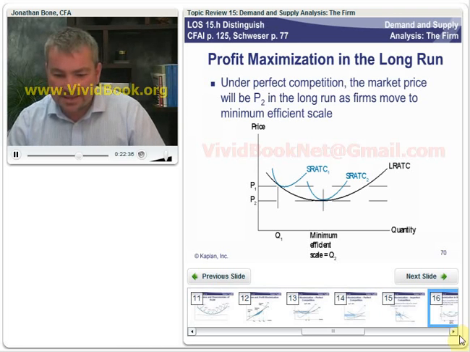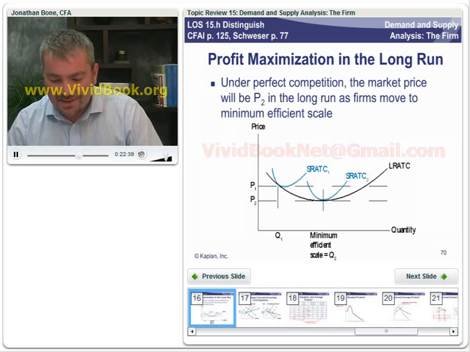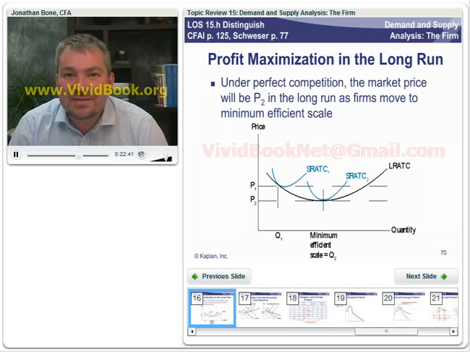Profit maximization in the long run. Minimum efficient scale. I think we've said this already. What we're simply saying is, in the short run, the firm may operate at P1. But remember, in the short run, the size of the firm, the infrastructure, is fixed. In the long run, there is no fixed element because you can expand and contract the size of the firm either by increasing your productive capacity or reducing it.